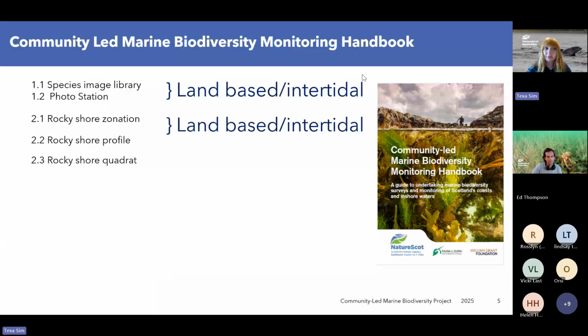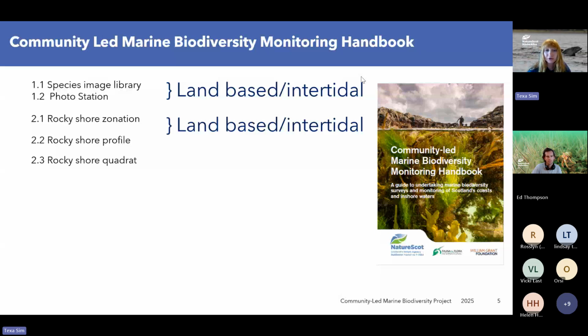And then following on from that, you have your rocky shore profile, which gives you the steepness of your shore. And that's quite important because certain species do better or worse depending on the steepness and the exposure of that shore. It also allows you to build a visual representation, almost a slice, a map that shows you your shore profile.